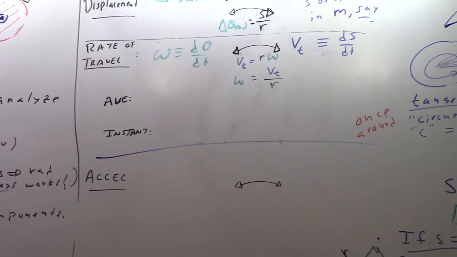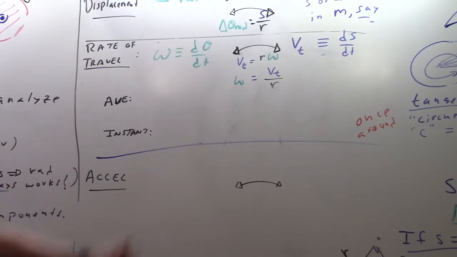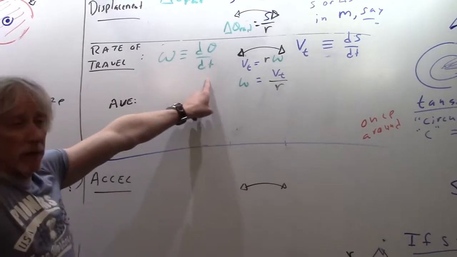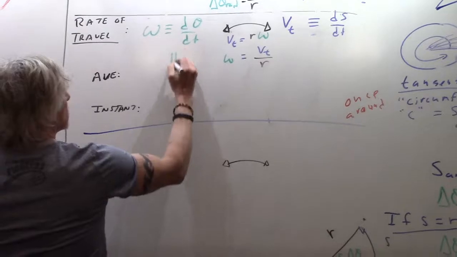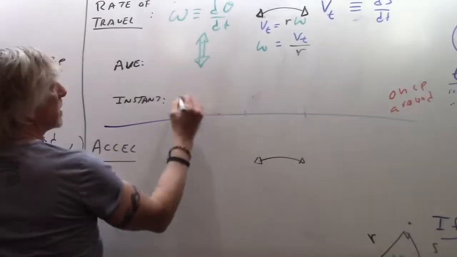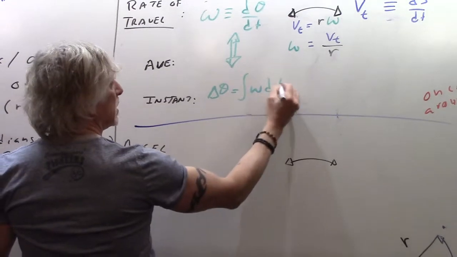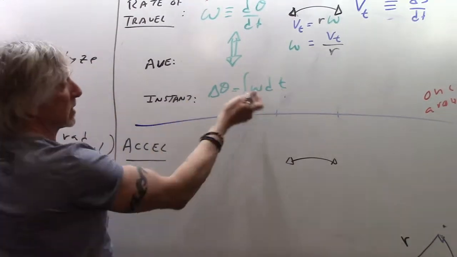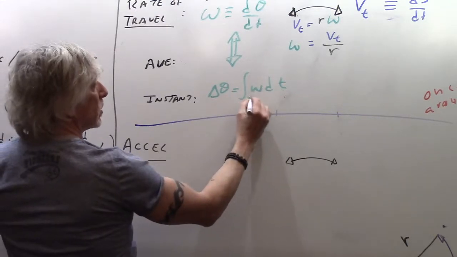And I want to now remind you that we can write this in derivative form or integral form. So we can go between this as delta theta is equal to the integral of omega dt. If omega is constant, just pull it out. But otherwise, put in that function, earlier to later.